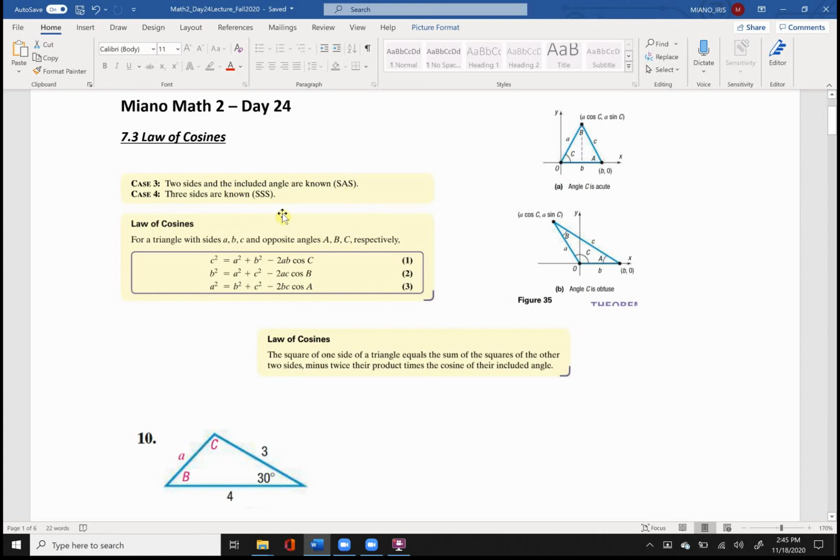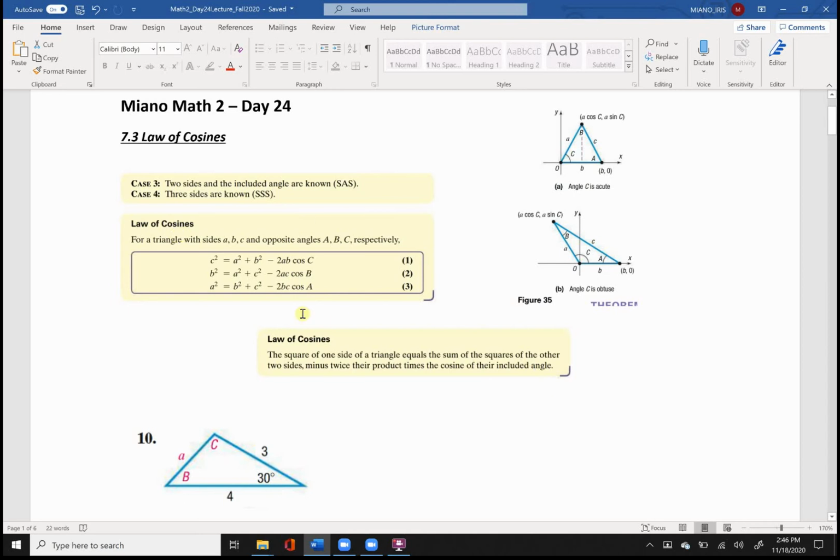And law of cosines is pretty much just working with some variation of this formula where you have the square of one side of a triangle equals the sum of the squares of the other 2 sides minus twice their product times the cosine of their included angle.